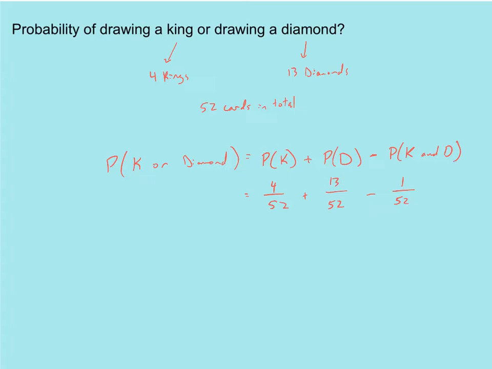So when you simplify that, 4 plus 13 is 17, minus 1 is 16 out of 52. And that 16 over 52 simplifies to 4 over 13, or in decimal form, rounded to 3 decimal places, 0.308. 0.3076 rounds to 0.308. Okay, so there's another example where we can apply this general addition rule for probabilities.